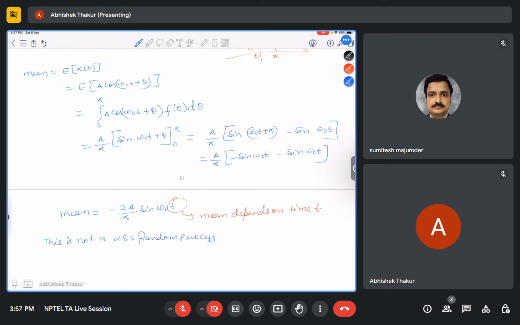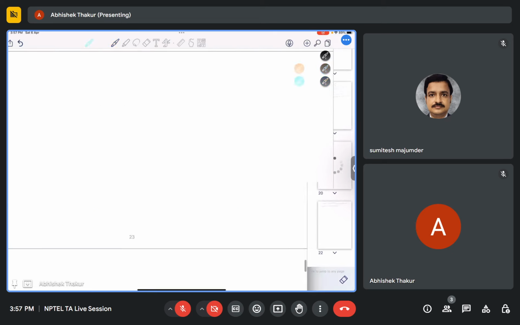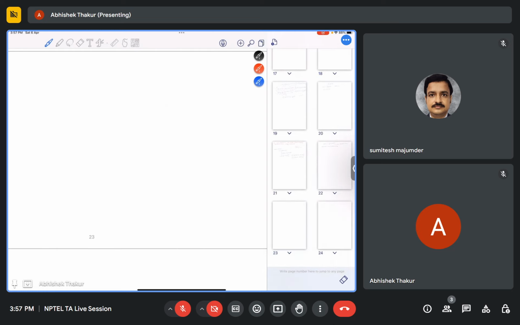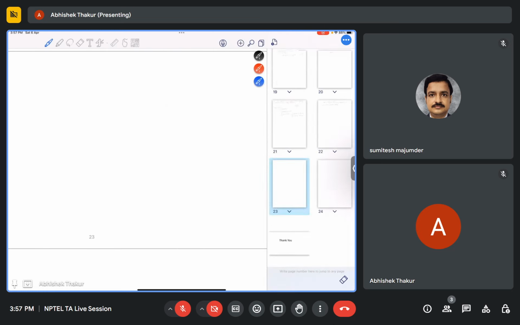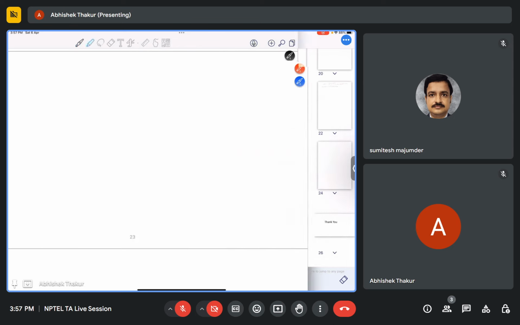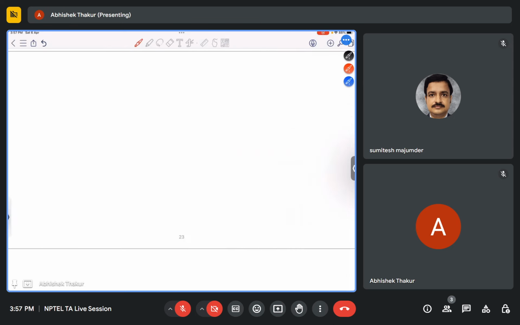So we'll check now. A random process is given by x(t) is equal to A cos(ω₀t) + B sin(ω₀t).